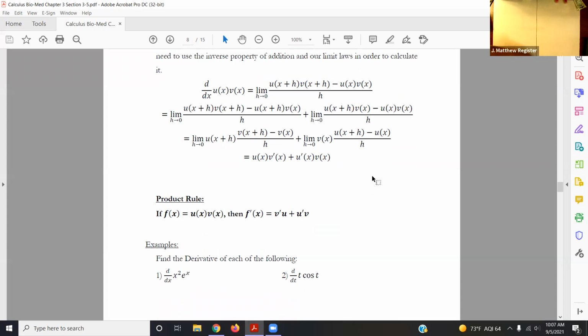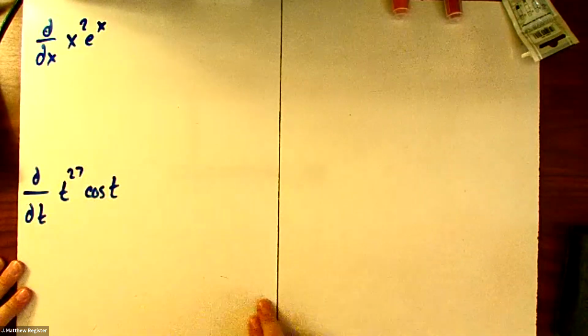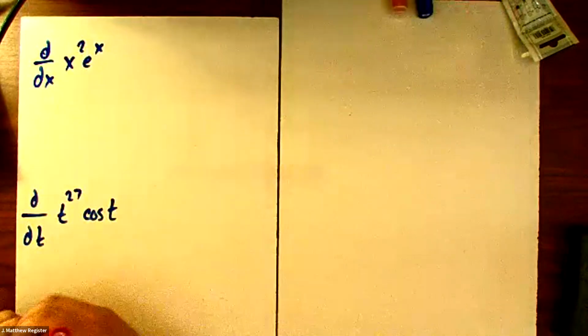Let's write these two examples down: d dx of x squared e to the x, and d dt. I'm going to make that one a little bit more interesting. Let's say t to the 27th cosine of t. Looking at this first one, if it helps, you can underline stuff.